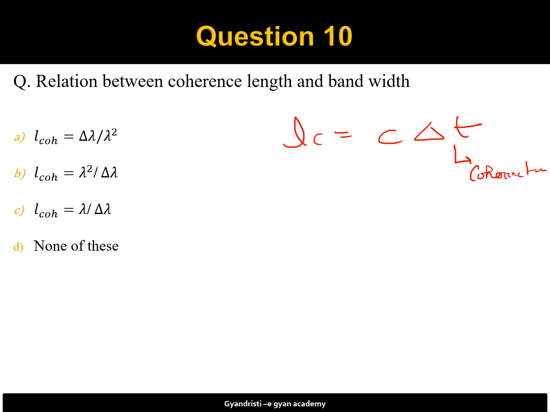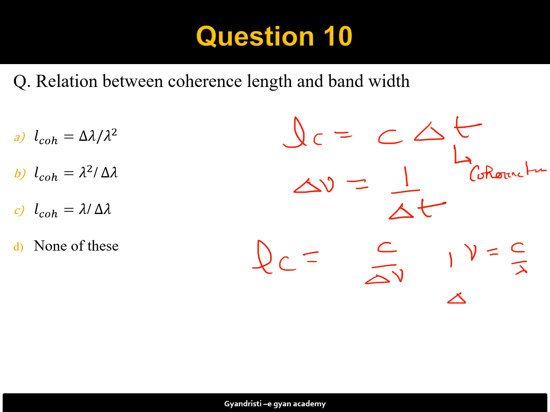And we also know that bandwidth is related to the coherence time by the relation delta nu is equal to 1 upon delta t. So the coherence length will be equal to c by delta nu. We also know that nu is equal to c by lambda. So delta nu can be written as minus c by lambda square into delta lambda.